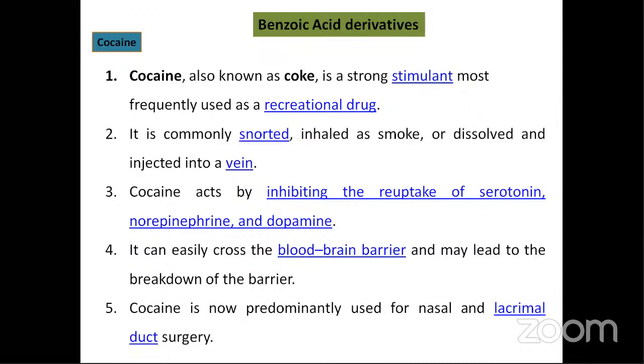So it is an ester type. Cocaine is also known as coke. It is a strong stimulant, most frequently used as a recreational drug. It is already there in the coca plants, but it is designed, recreated as a drug. That's why it is called a recreational drug.